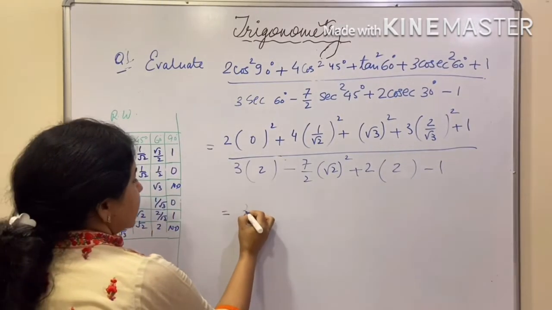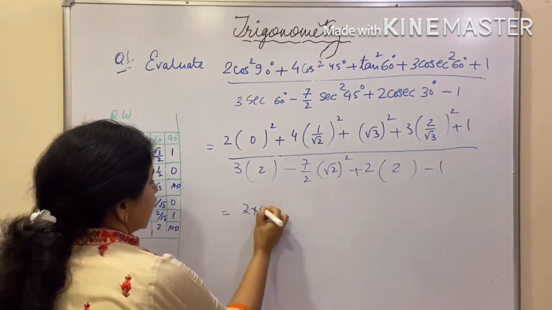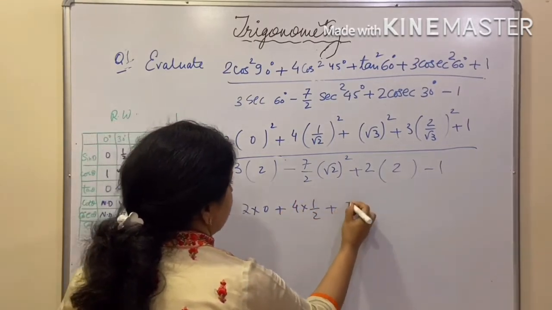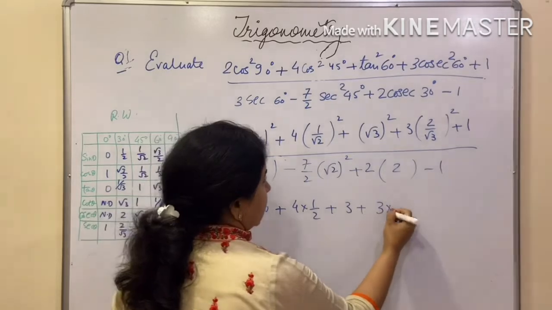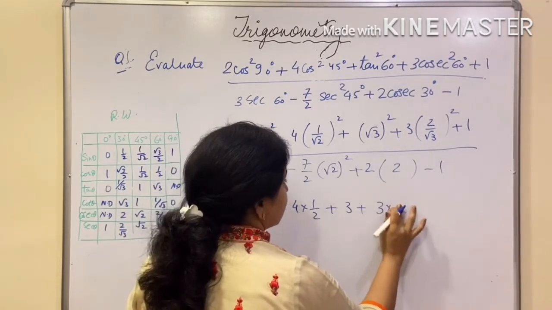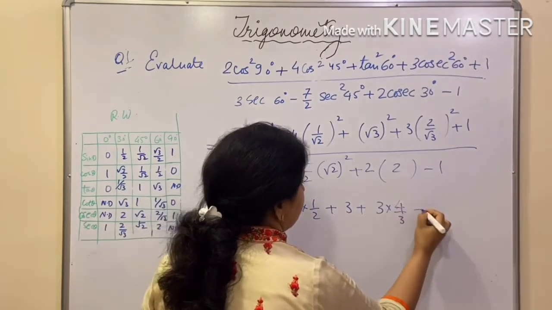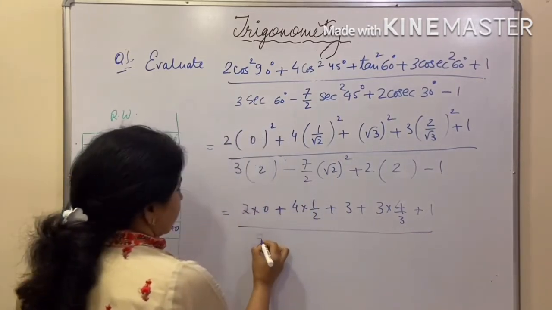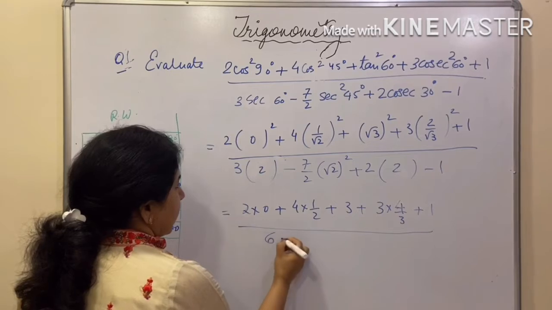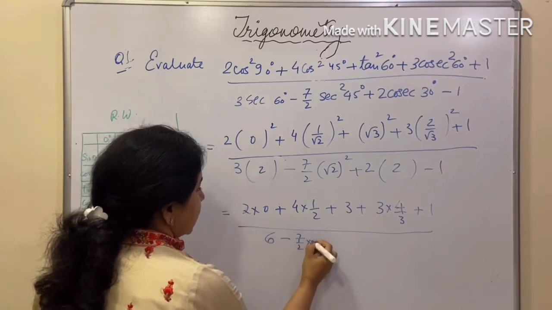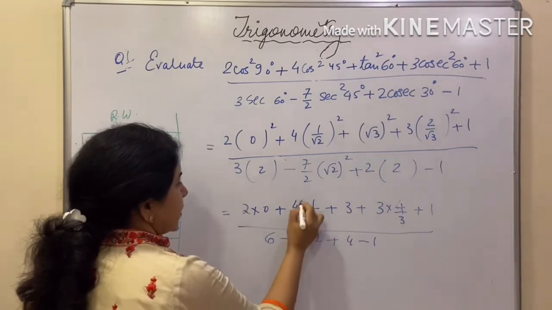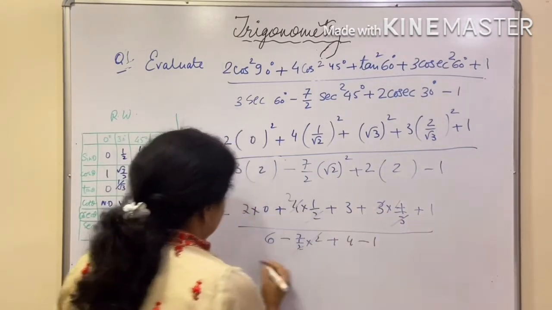Now simplifying this, 2 into 0 plus 4 into 1 by 2 plus 3 into 4 by 3, sorry, 2 by root 3 whole square is 4 by 3, plus 1, upon 6 minus 7 by 2 into 2 plus 4 minus 1. 2 cancel here, 3 cancel here.